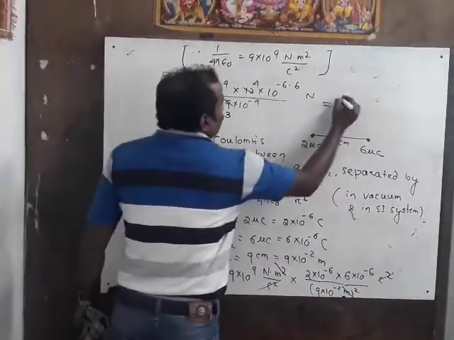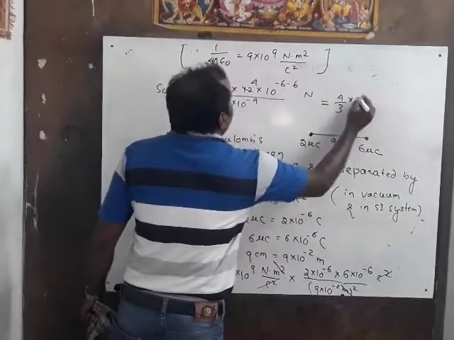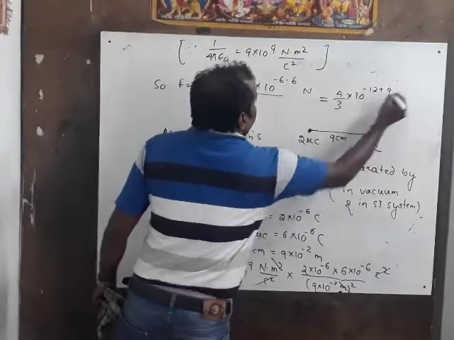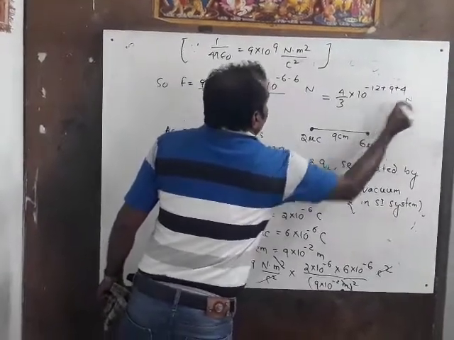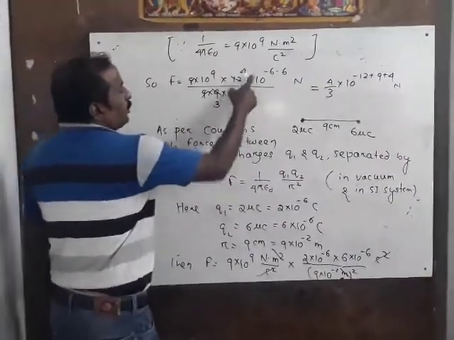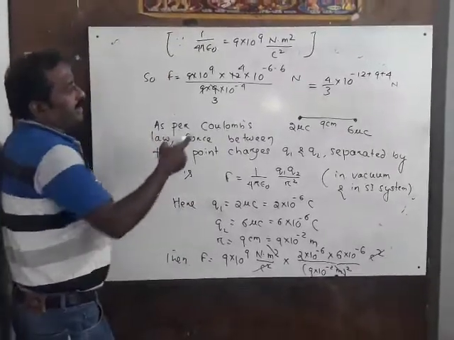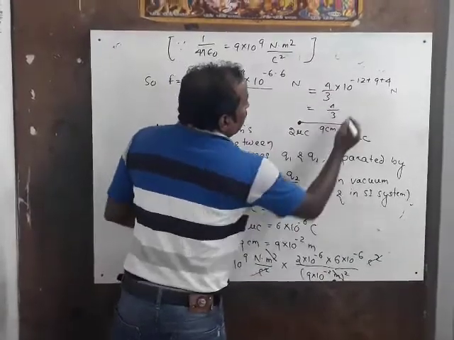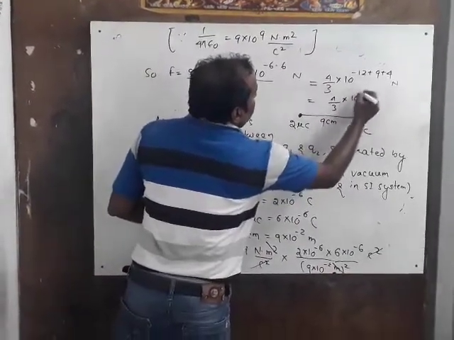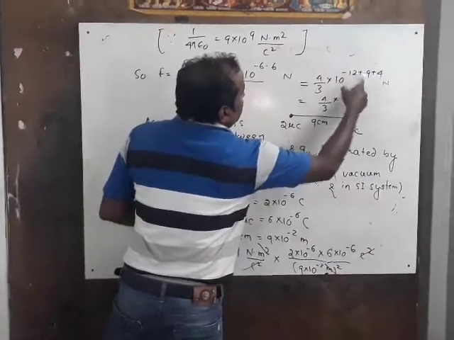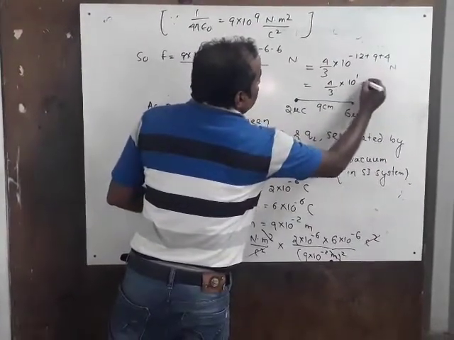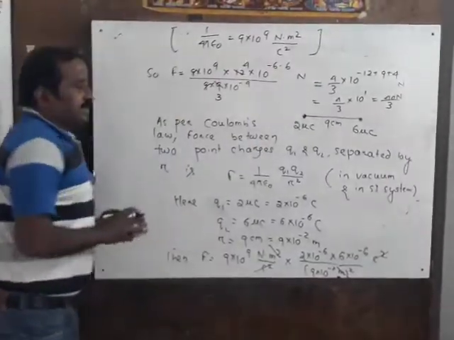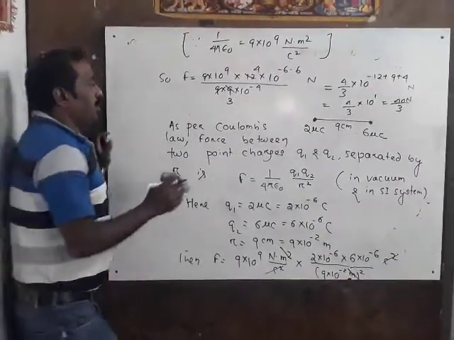So it was like this, 4 by 3 into 10 to the minus 12 plus 9 and plus 4 Newton, because if you take 10 to the minus 4 into the denominator, then it becomes 10 to the plus 4. So 4 by 3 into 10 to the 1, because 9 plus 4 is 13 and minus 12 is 1. So 40 Newton by 3. Okay. So this is the answer of example 1.